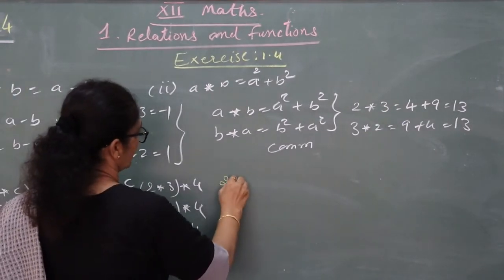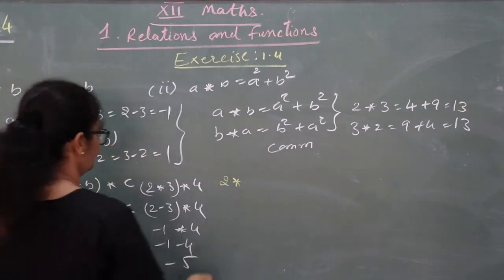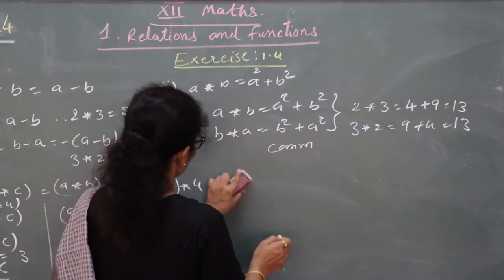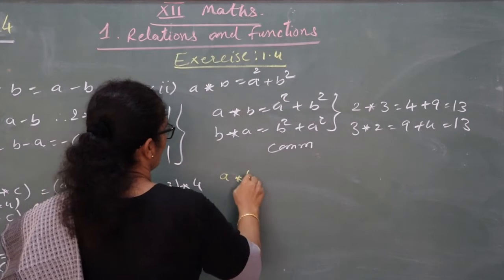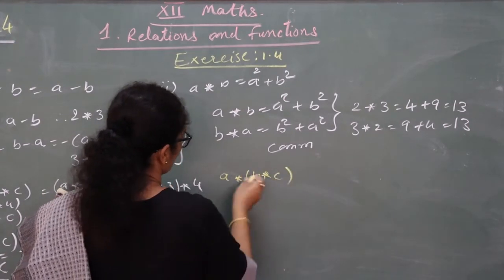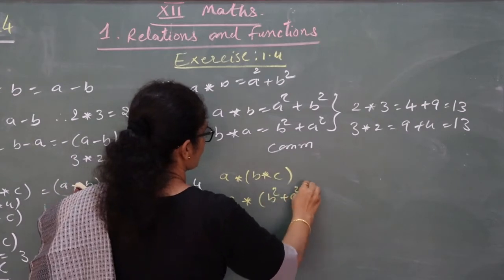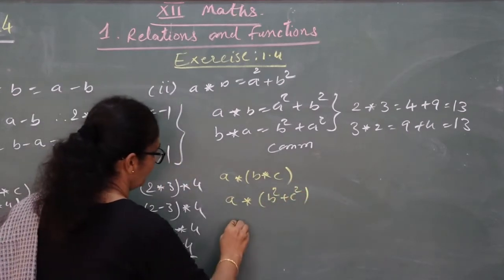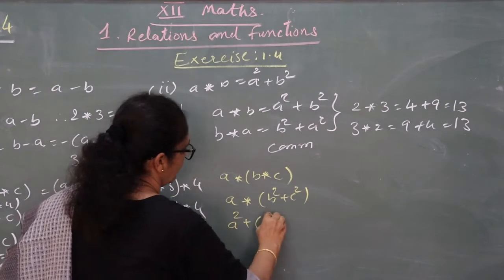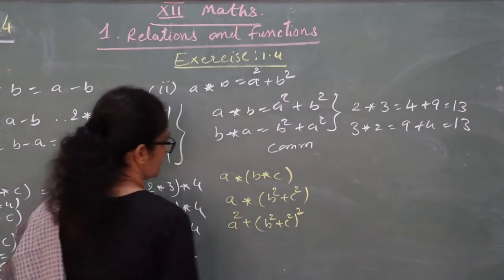Now for associative, let's take first with a, b and c. So what can you write? A asterisk, b square plus c square, this way. Now again apply this rule, a square plus b square plus c square whole square.